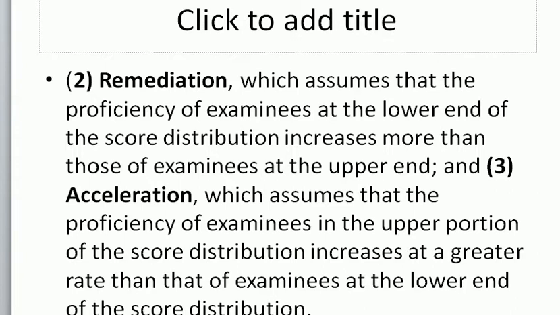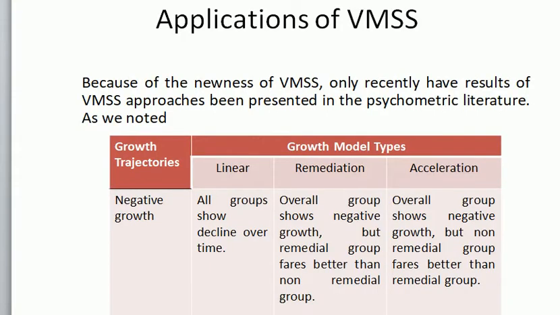In the acceleration approach, the upper portion proficiency of examinees increases at a greater rate than the examinees at the lower end of the distribution. Now, dear students, I will discuss these applications by comparing each other at a time.